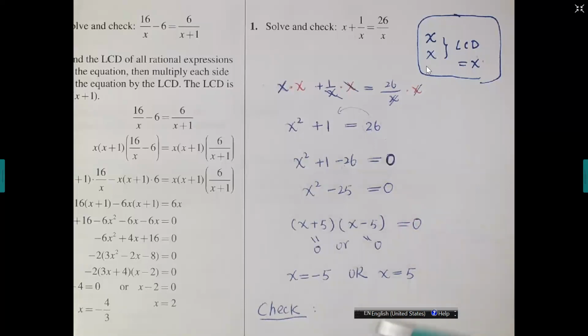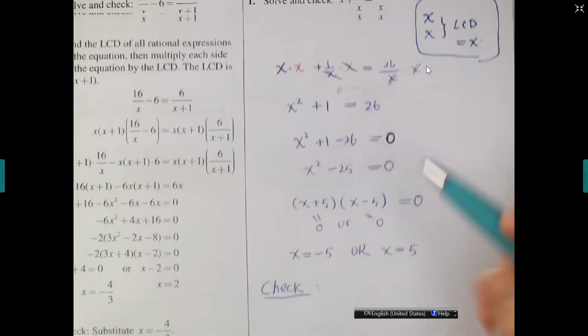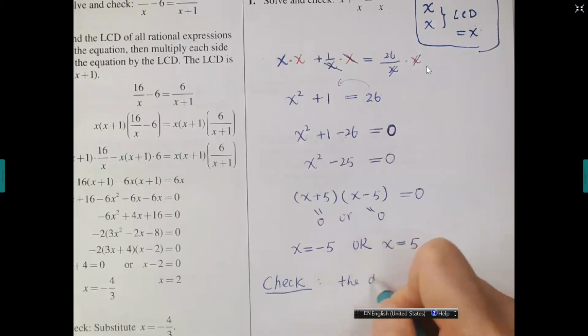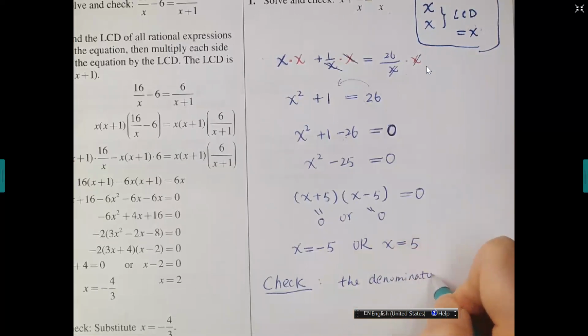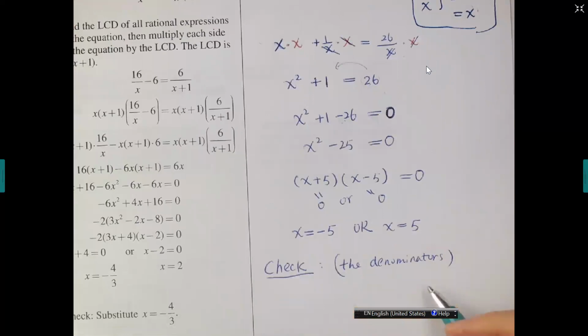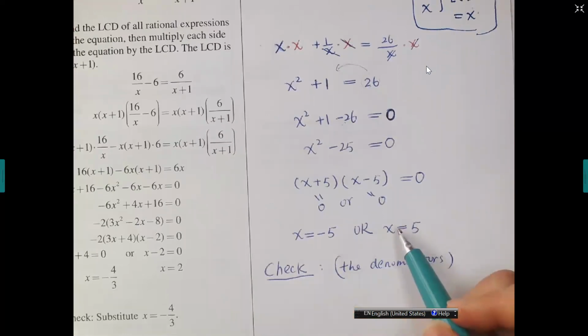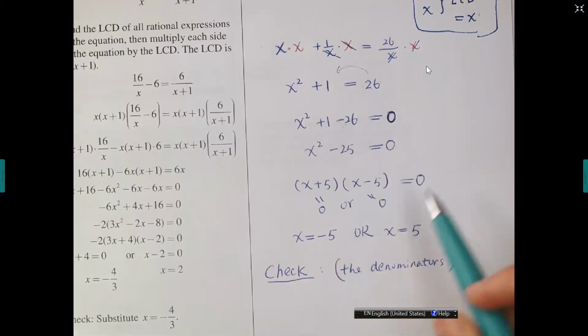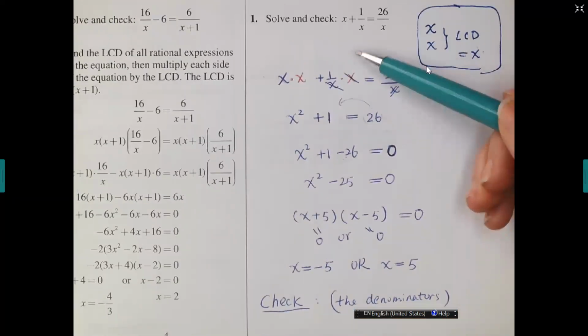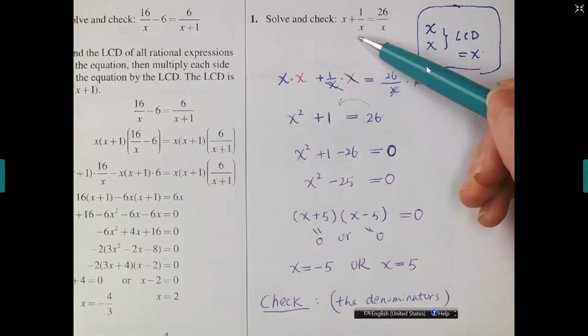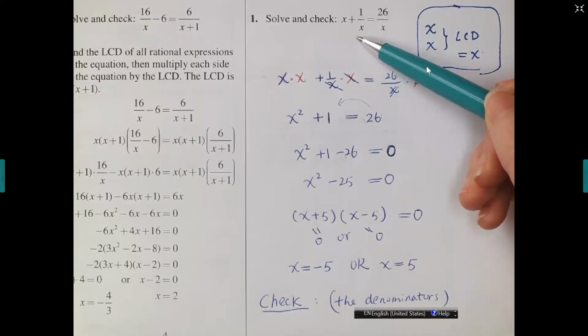So we do not need to worry about whether the left side equals the right side for the entire equation. We just check the denominators. This is a shortcut. As long as the solutions we got do not make any denominator which has the unknown be 0, then we know that's the right answer.